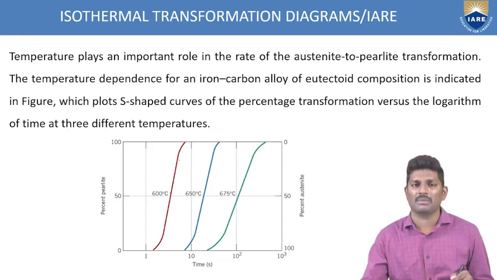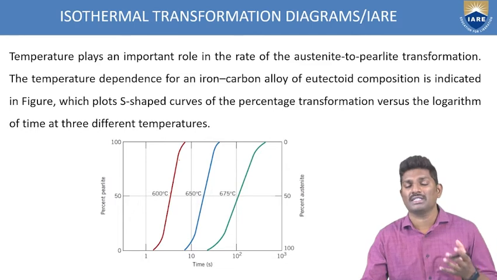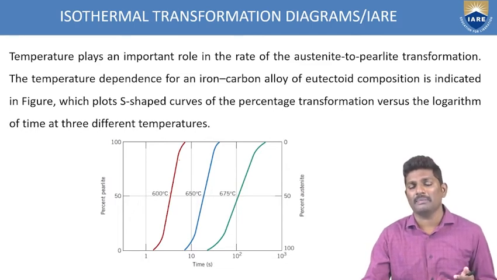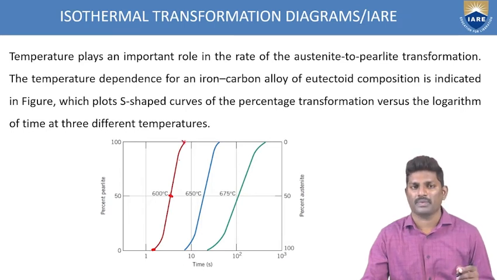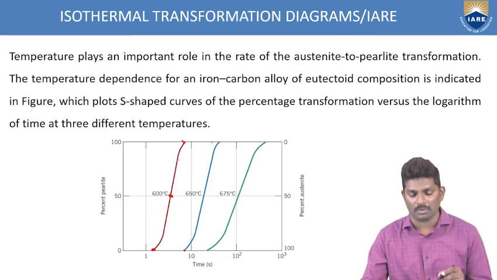And from these S-shaped curves, we get the percentage completion of the transformation. At this point, it is 50%. At this point, it is 0, that is the initial point. And this is called the end point. Like this, the same 0%, 50%, end point.